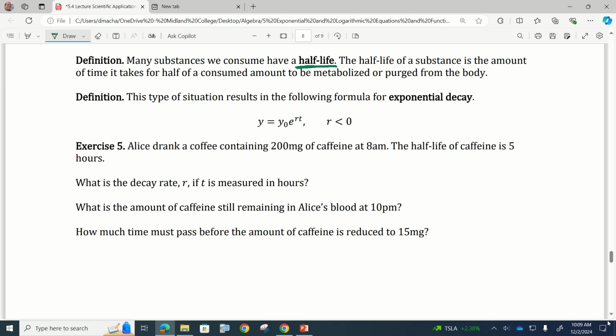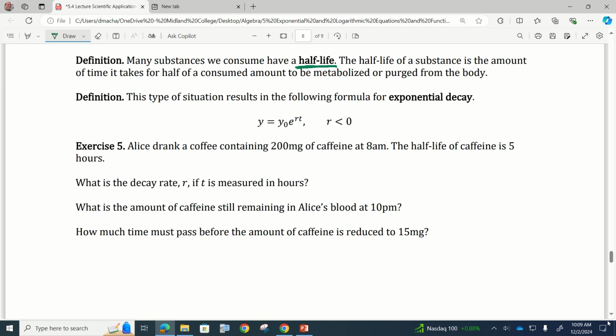So 5 hours later, my bloodstream would only contain about 100 milligrams of caffeine. And 5 hours after that, about 50 milligrams. And 5 hours after that, I've only got 25 milligrams, and 5 hours after that, it would be 12 milligrams, and so on. So every 5 hours, the amount of caffeine that I still have is going down by half.